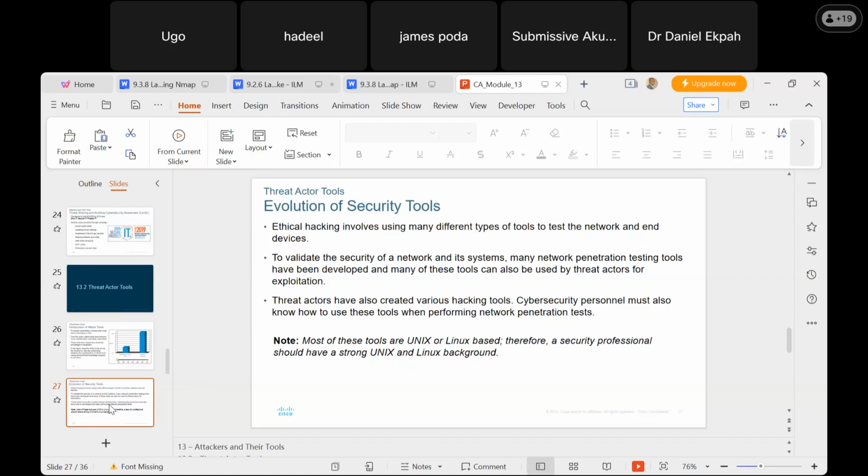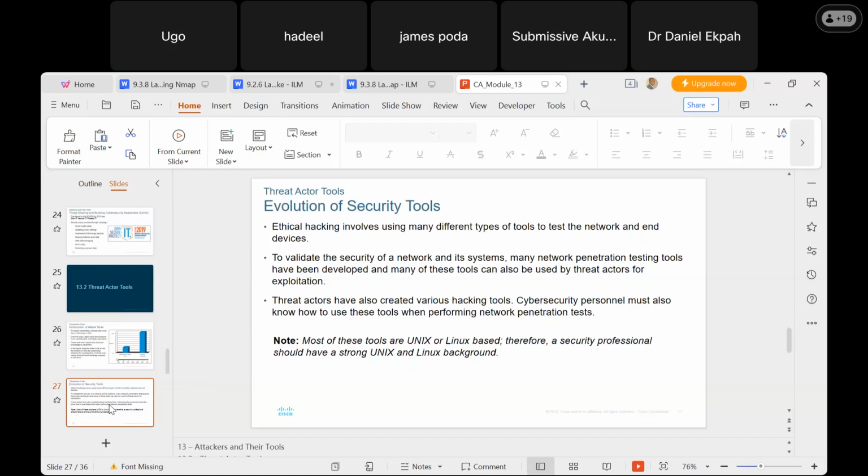The same way you use these tools to teach a student, the threat actors use the same tools to check for vulnerabilities and then launch an attack. So threat actors have also created various hacking tools.